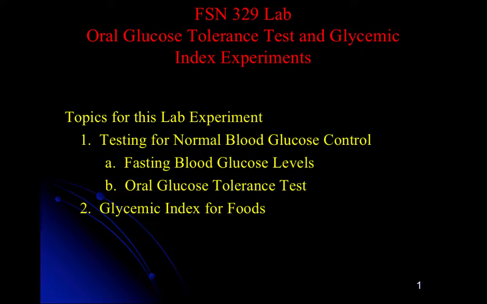Basolateral. Sometimes referred to as the serosal. This is apical or brush border. This is basolateral. You ever heard that term? Basolateral, B-A-S-O lateral.